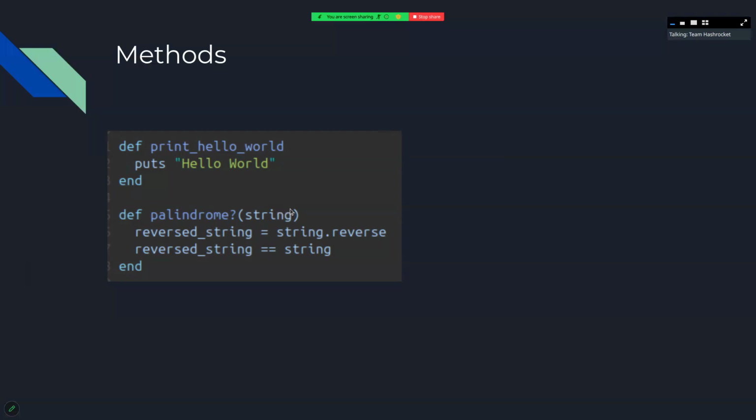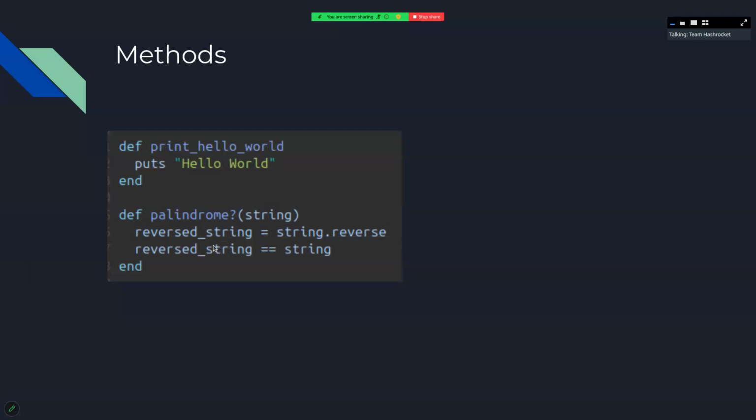And then the second method takes one argument, and then the last line, we are returning, but we don't have to call return. There is a return keyword, but unless we're trying to do an early return, we'll just write it like this, or the last line is what's returning.